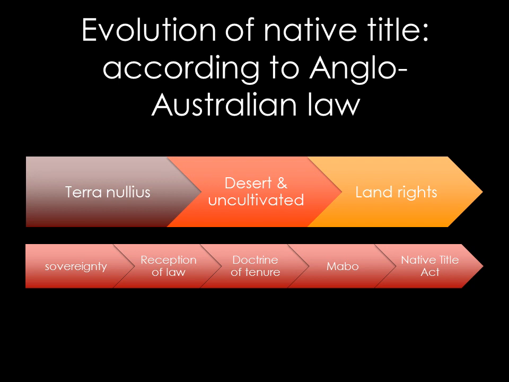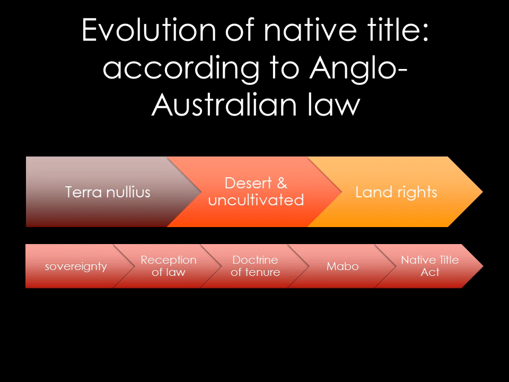And then finally what we'll see is this idea of land rights coming into fruition through the decision in Mabo and beyond. So in the bottom line here on the screen are more particular concepts that are represented by these doctrines or principles that you see in the top. So we see the concept of sovereignty, which is necessary to underpin the idea of land ownership in Australia.